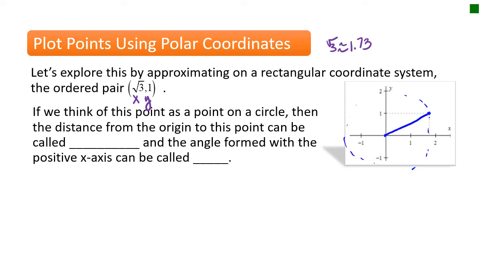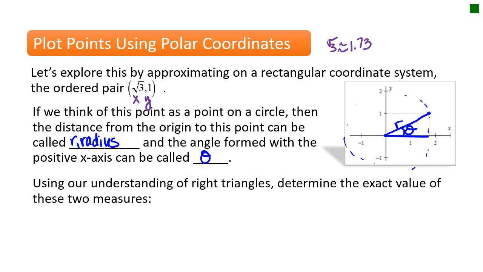From the origin to that point is going to be the radius of the circle, which we'll call r. And the angle that's formed from the positive x-axis to that ray is called theta.